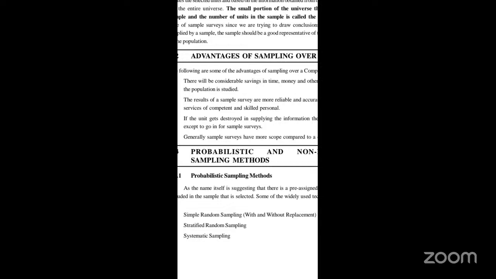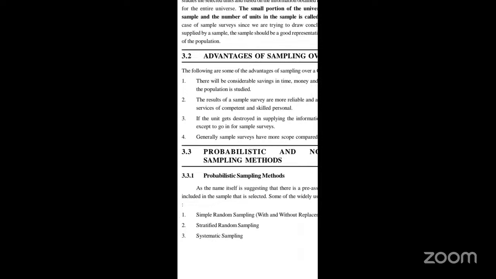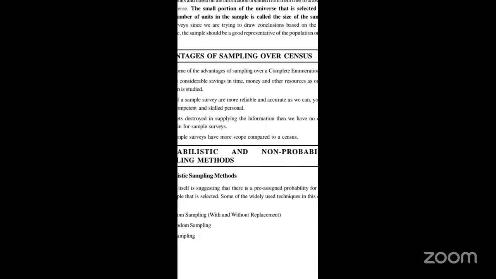Since only a part of the population is studied, resources are saved. If the unit gets destroyed in supplying the information, then we have no other option except to go in for a sample survey. So generally, sample surveys have more scope compared to a census.